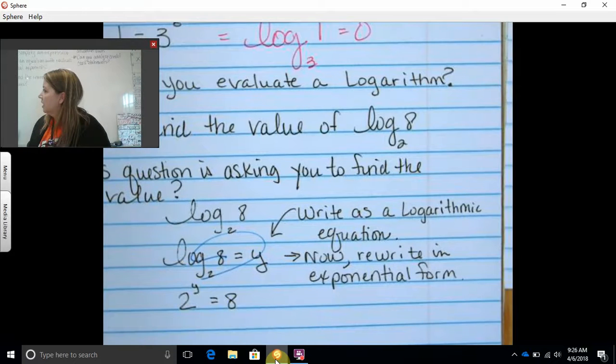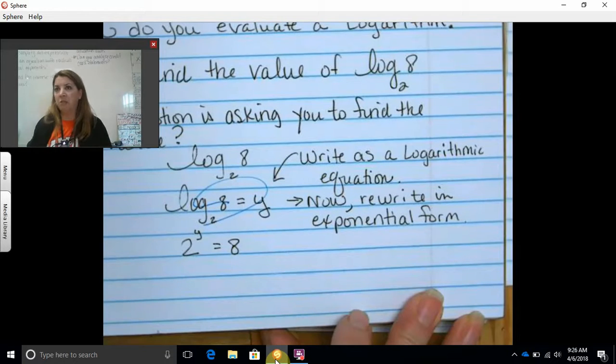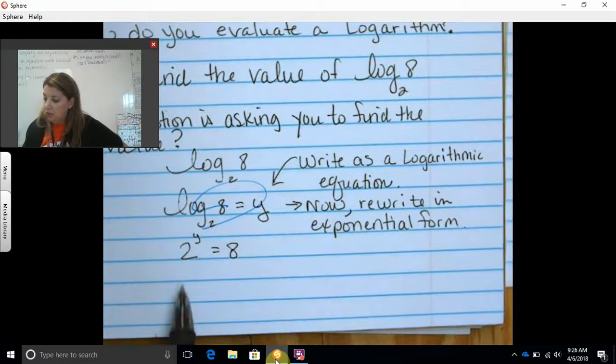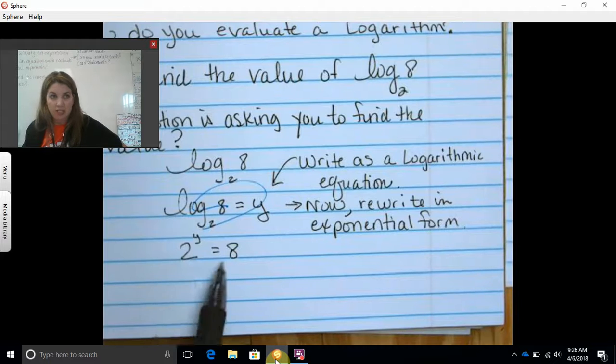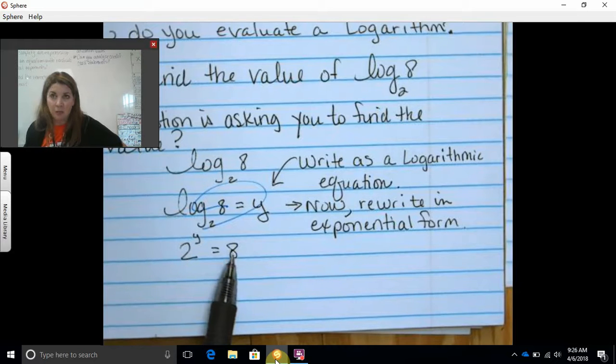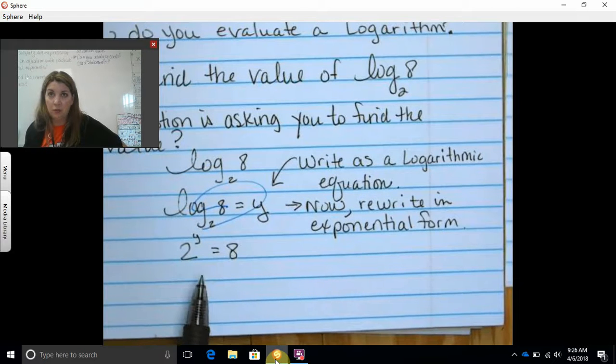But in case that was something we didn't know, the numbers were larger, what you want to try to do is say, can I write both of these sides with the same base? Like 2 can't be written with any other base except for 2. 2 to the first power is 2. So can you write 8 with a base of 2?